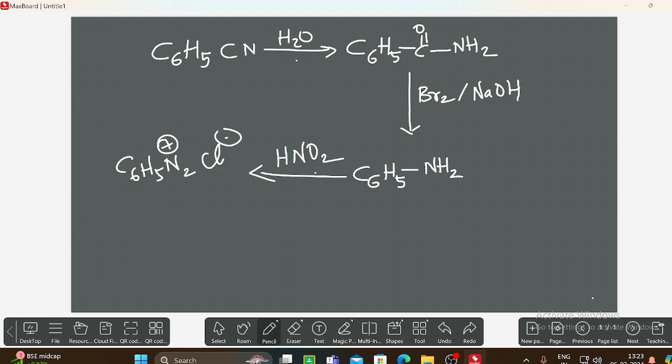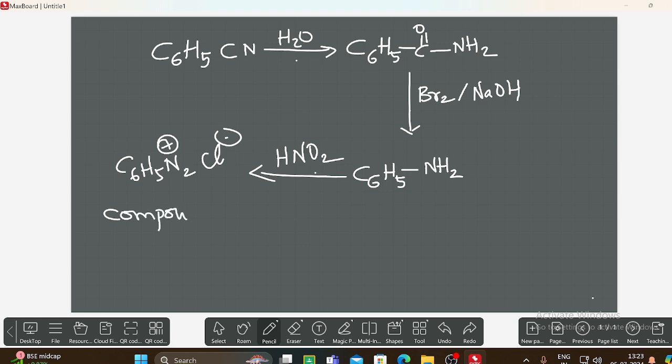Convert cyanobenzene into benzene diazonium chloride. The same question you may get as a word problem also. How will they ask?